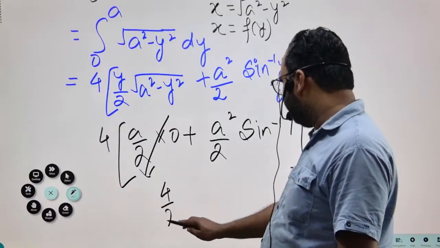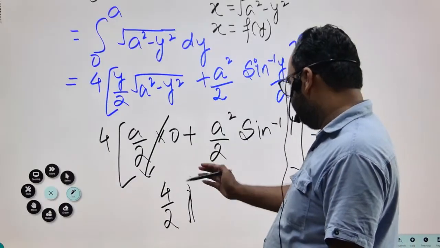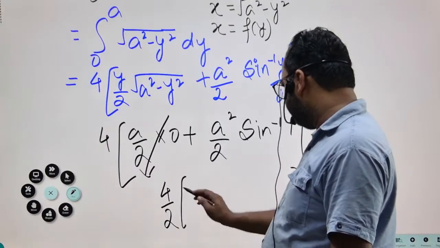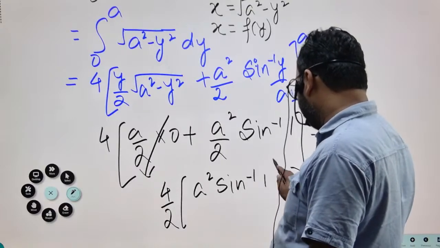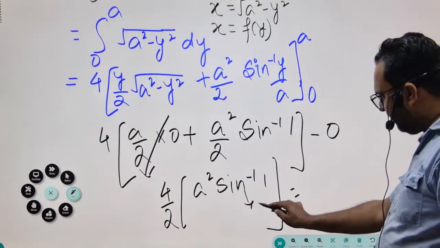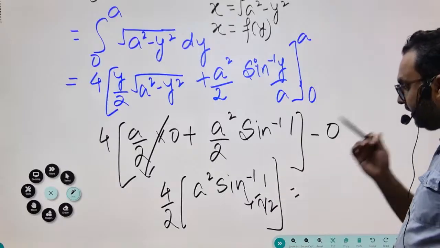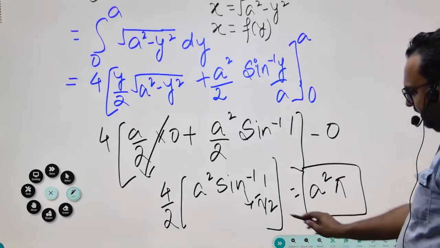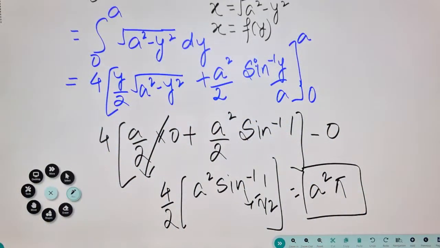So it is 4 by 2 a square, 4 by 2 is 2, that is a square sine inverse 1. You can put pi by 2 here, so sine inverse 1 is pi by 2. That pi by 2 gets cancelled out. So a square pi is the required answer. Please make a note of it.